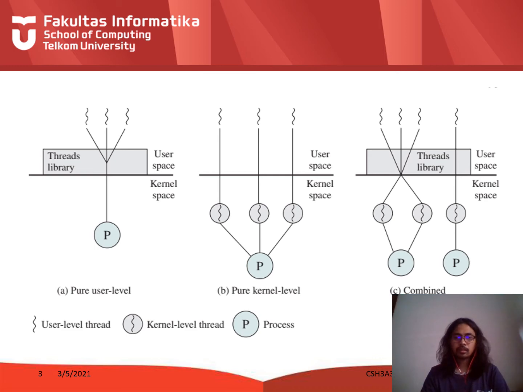So this is how your ULT and KLT look like. On the left is the pure user level multi-threading. As you remember, the wiggly worm is your thread. In this example, we have three different threads running. The area above the horizontal line is the user space, and below the horizontal line is the kernel space.